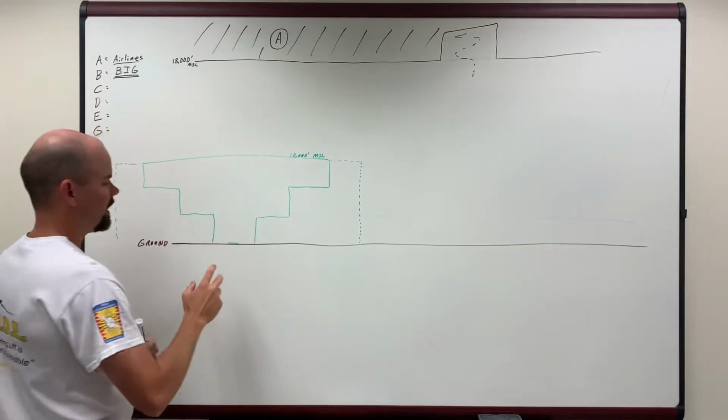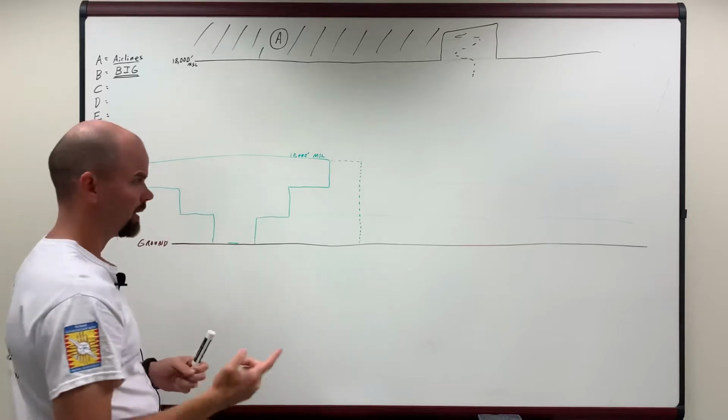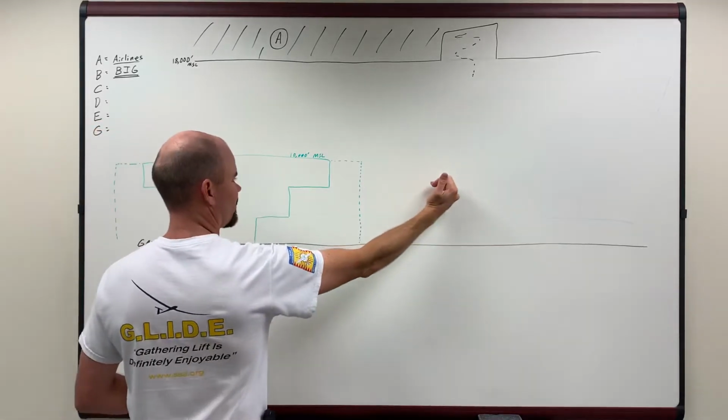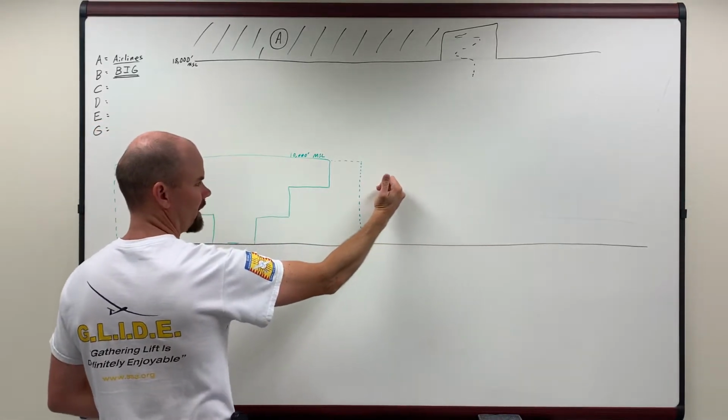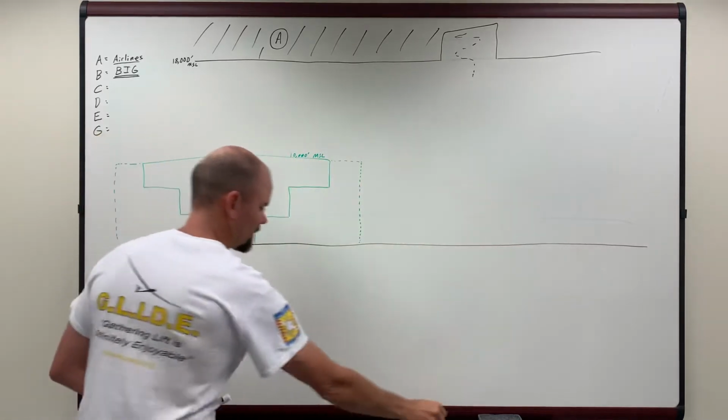So to fly in this airspace, first of all, you have to have a transponder. In fact, if you're entering this airspace, this is the Bravo airspace right here, which I did not label.